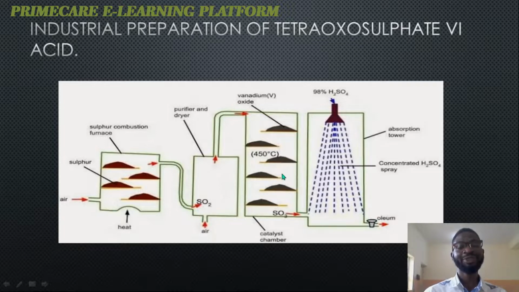During this process, sulfur trioxide is formed and channeled to the contact tower or absorption tower, where it is sprayed with concentrated H2SO4 to form oleum.